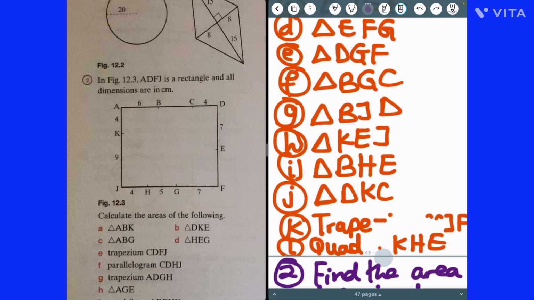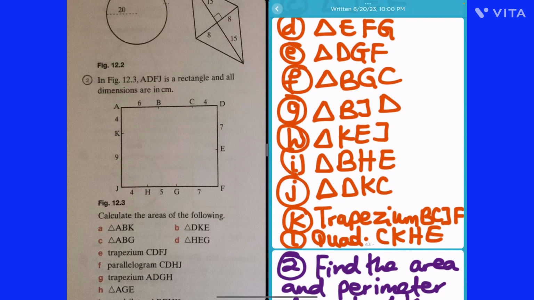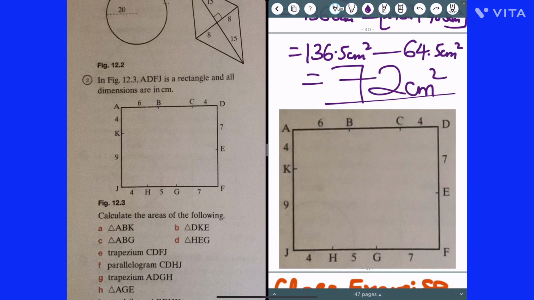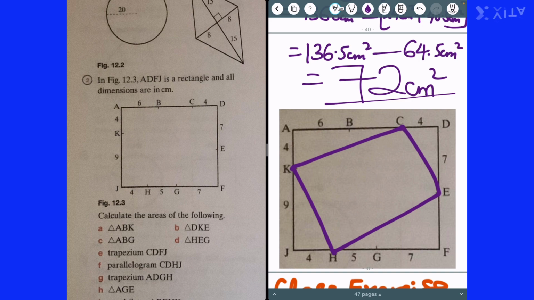Area of quadrilateral CKHE. What's the area of quadrilateral CKHE? Here, where is CKHE? Let me mark CKHE. This is quadrilateral CKHE.